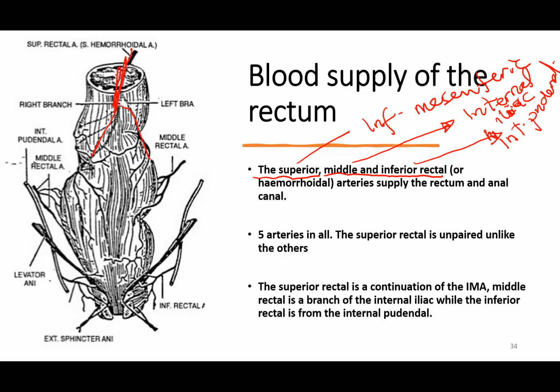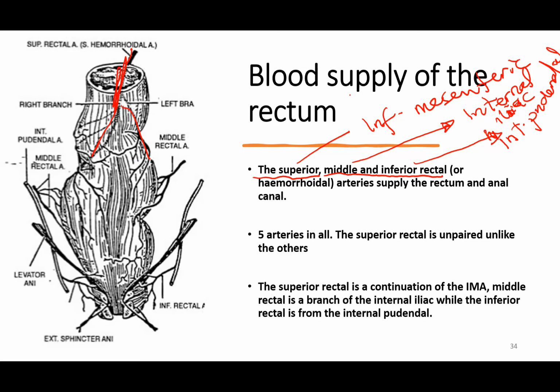An internal pudendal is also a branch from the anterior branch of the internal iliac artery. So you can see this middle and inferior rectal artery, they all take their origin from the internal iliac artery, while the superior rectal artery takes its origin from the inferior mesenteric artery. They supply the rectum and the anal canal.